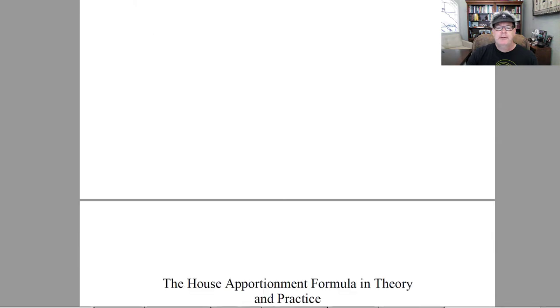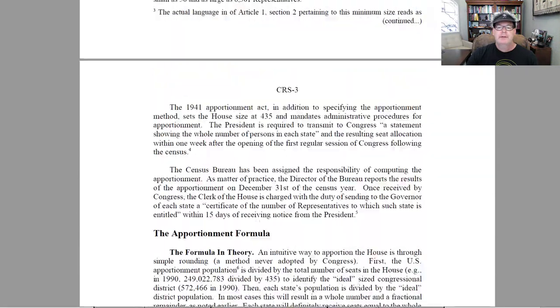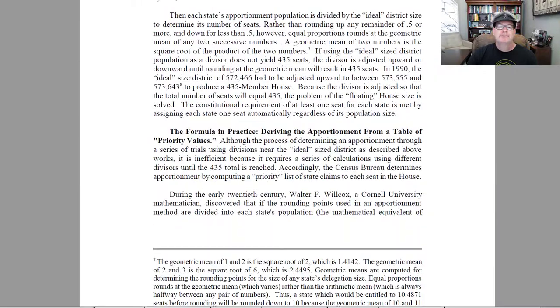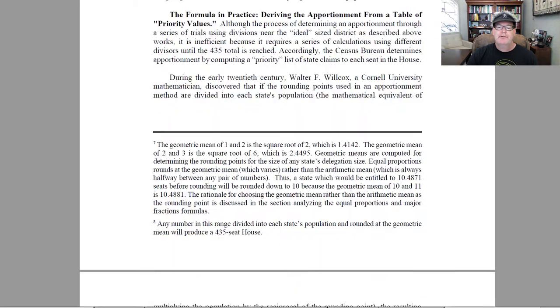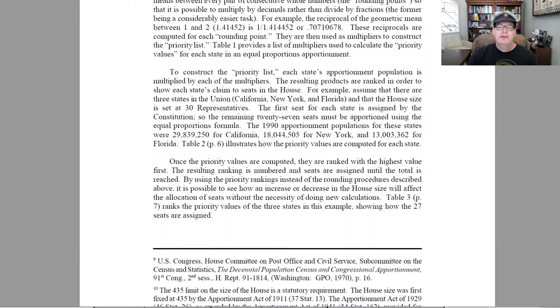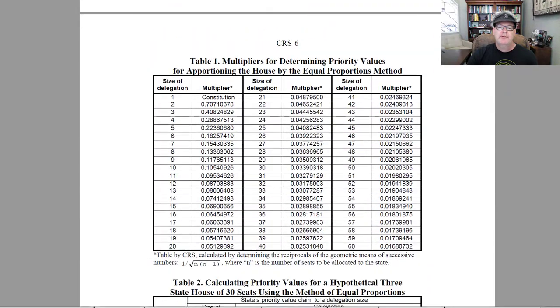Scroll a little through here. So, formula and practice, getting the priority values. What that is going to entail is, whatever number of seats a state has, for the priority to get the next seat, you're going to divide the state's population by the geometric mean of what it currently has and what it wants to get to.